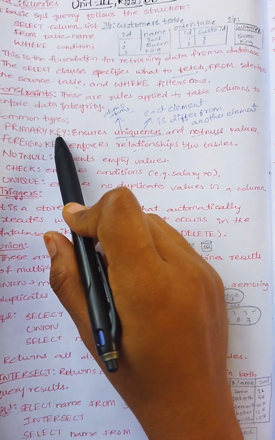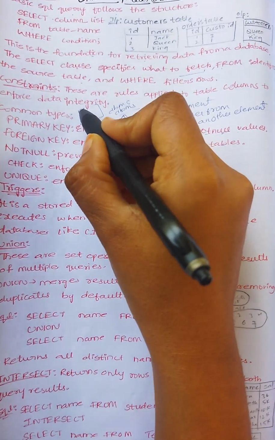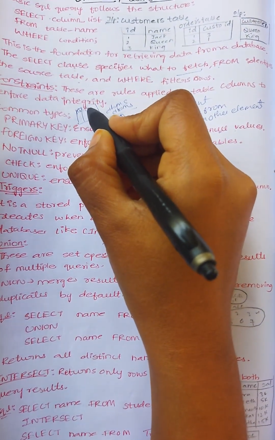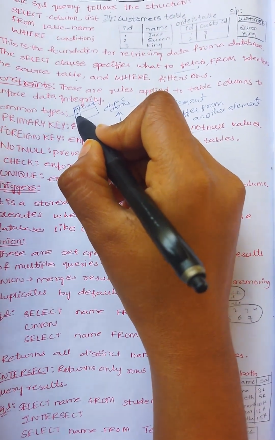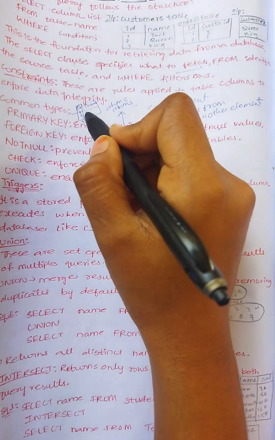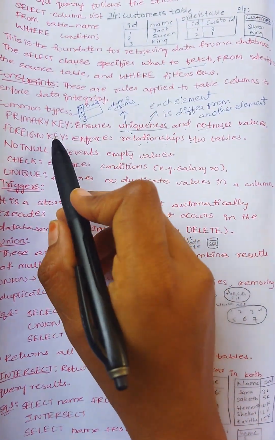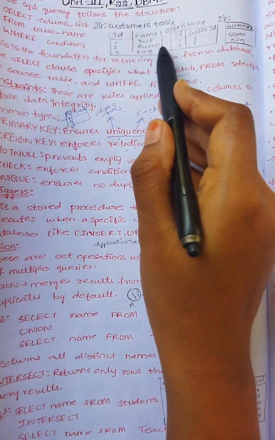Primary key should be different, like a serial number. When we are writing a table, we will mention serial number, customer name, serial number. It should contain different values. There are no duplicate values in the serial number. Like that, foreign key is used for the relation between two tables, like ID.